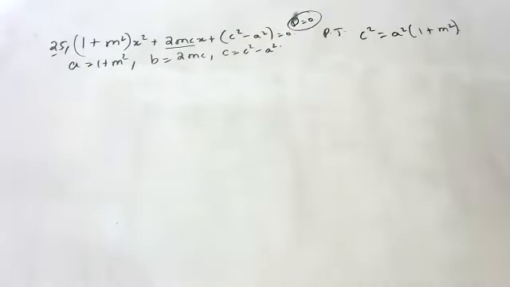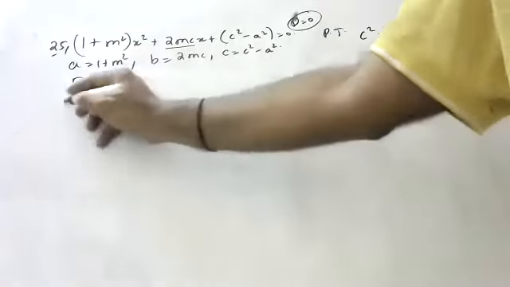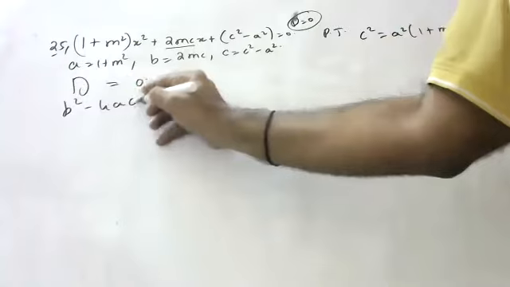Same, children, substitute in the discriminant D is equal to 0. So B square minus 4AC is equal to 0.